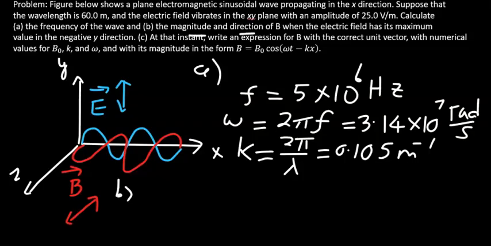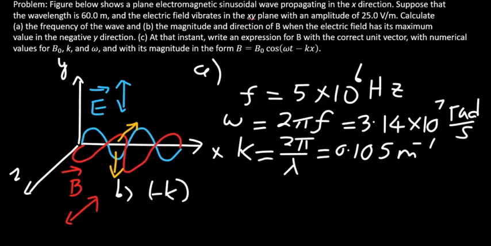Now let's do part B. Find the magnitude and direction of the magnetic field when the electric field has its maximum value in the negative y direction. You see that when the electric field is in the negative y direction, the magnetic field is in the negative z direction. So the direction of that magnetic field at that point is minus k.